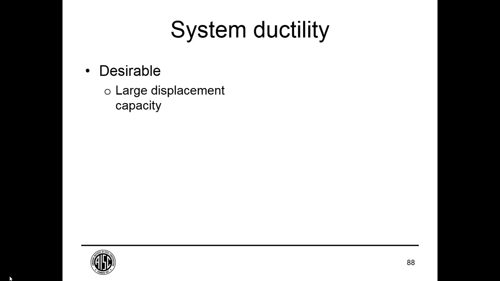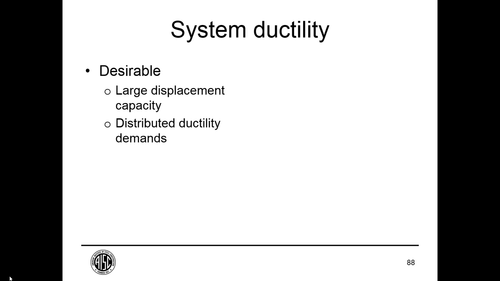For system ductility, we have ductile members now. We have strong connections. Now we want system ductility. It's desirable to have large roof displacements. In order to get these large roof displacement capacities, we want to distribute our ductility demands.